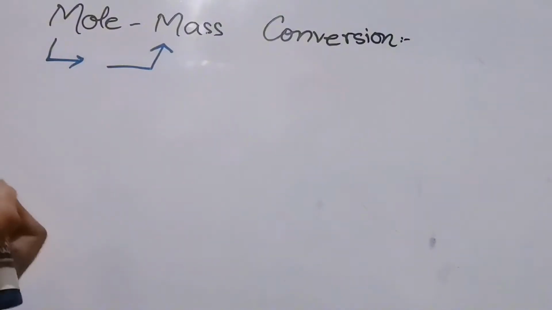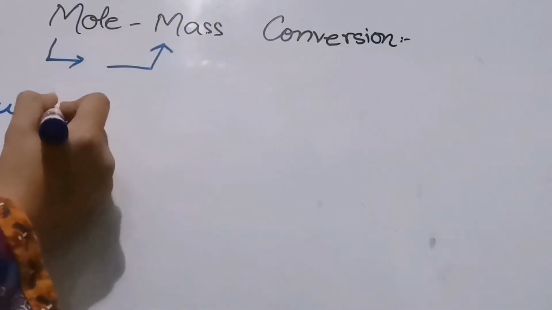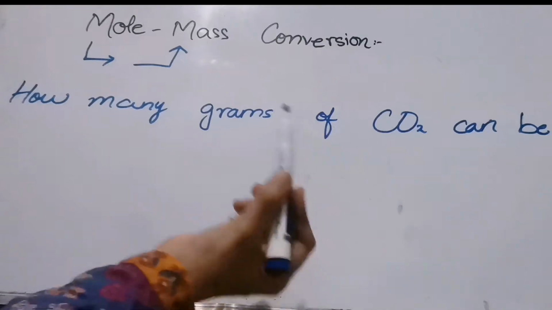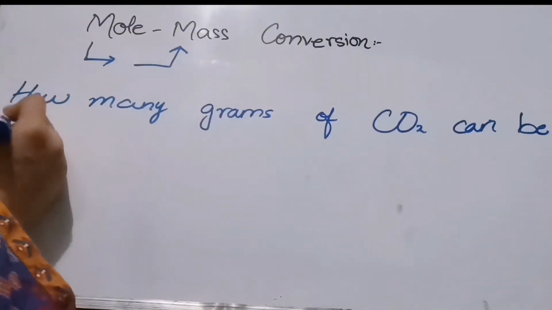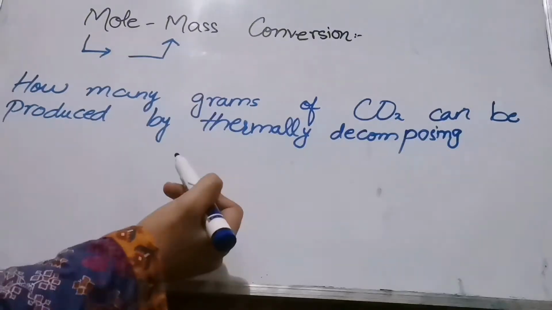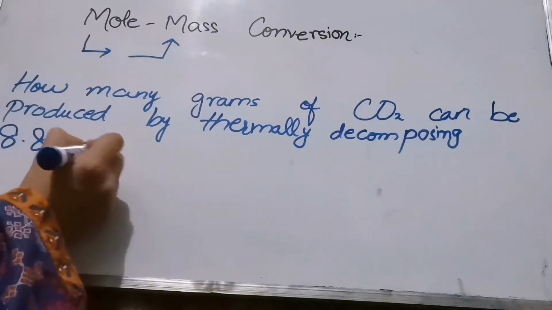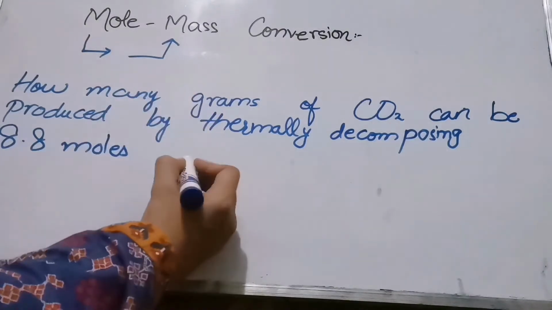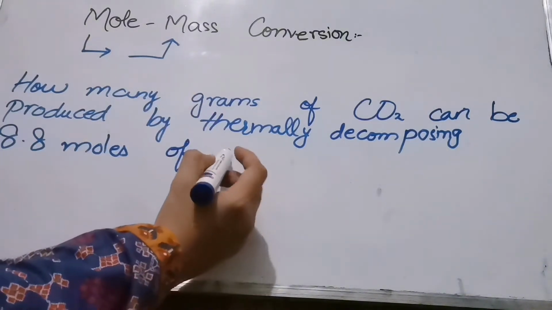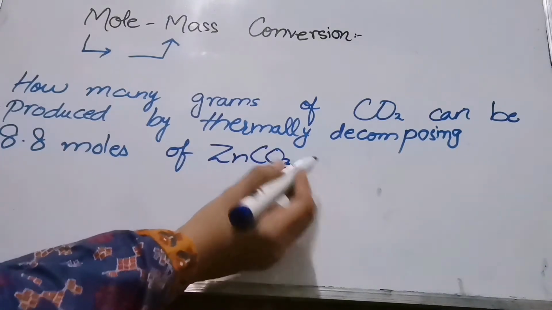The first example that I am going to discuss is: how many grams of carbon dioxide can be produced by thermally decomposing 8.8 moles of ZnCO3?